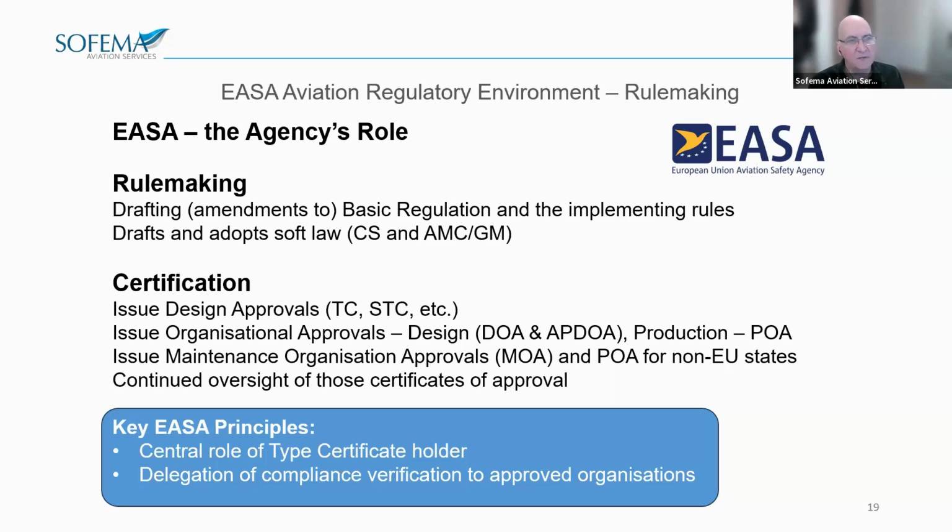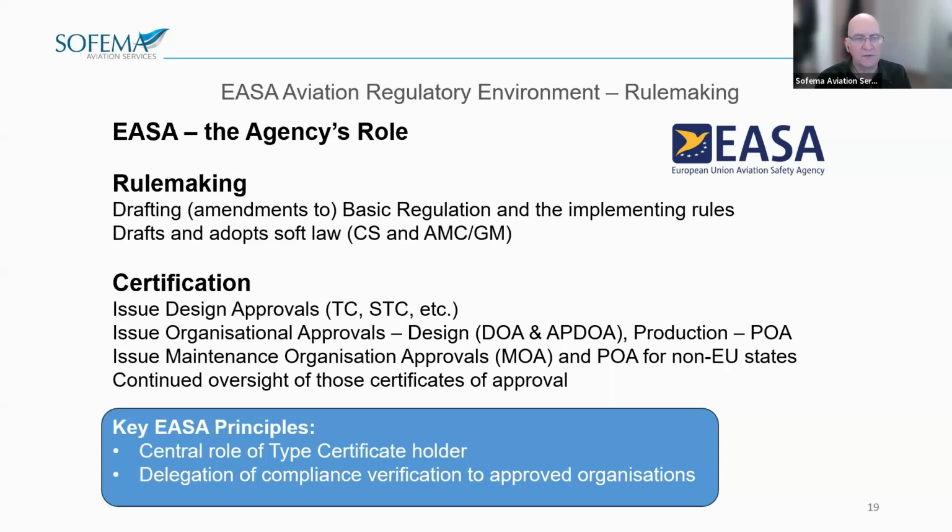The compliance is demonstrated by the approved design organisation and checked by the EASA certification team according to the agreed certification program. So ultimately, the EASA team issues a final report and issues a certificate for the design only if the product passes all technical requirements and if no unsafe feature has been detected.